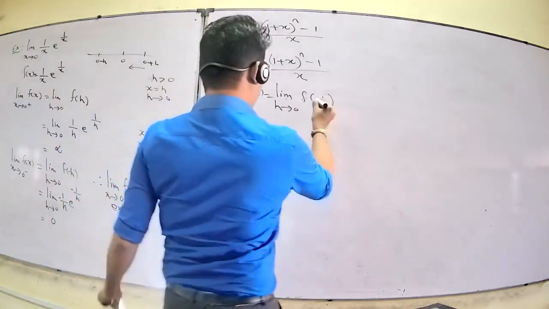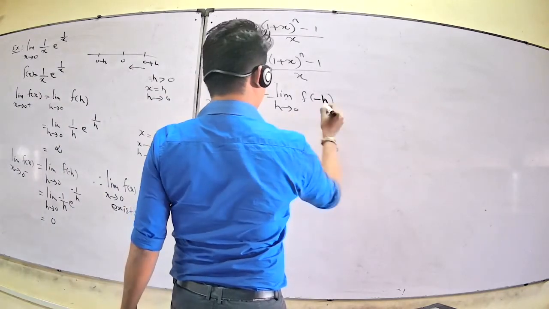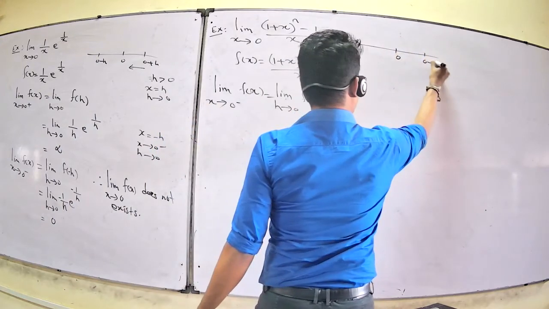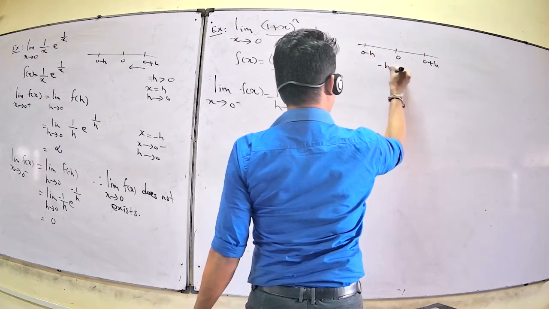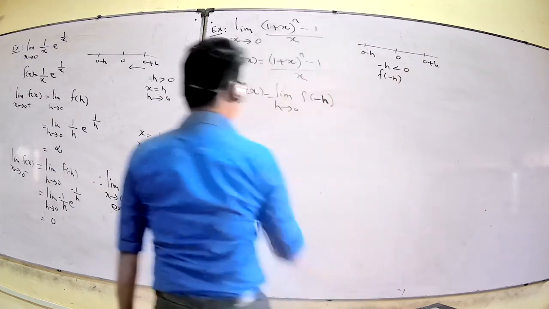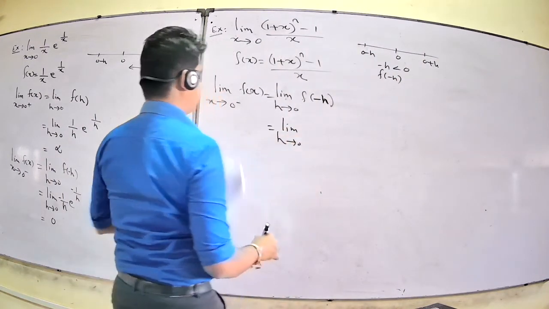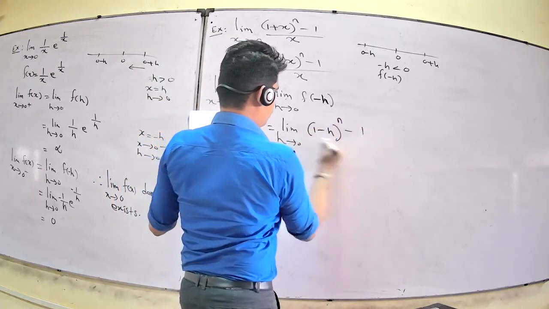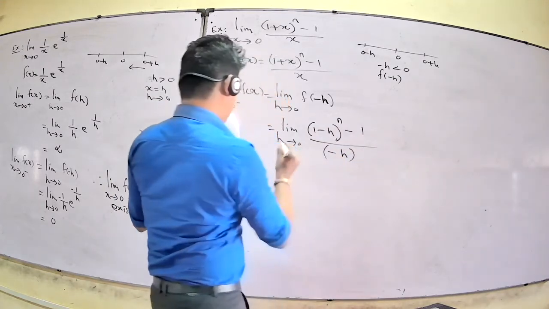Because minus h is less than 0, put x equal to minus h, therefore 1 minus h to the power n minus 1 over minus h.